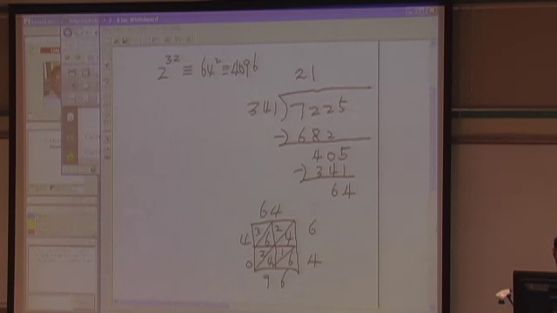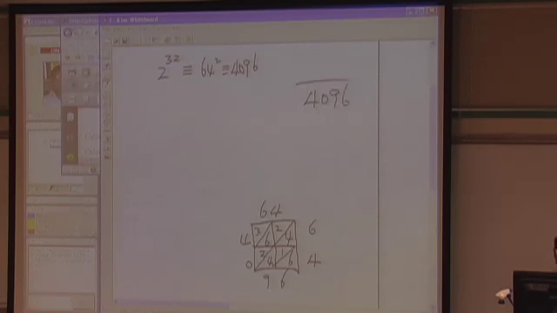I will remove this simple division because you can always divide numbers. 4096 divided by 341 gives us 1, 341, and then subtraction gives us 8, and then 6, 8, 2, then 4. So it gives us 4.